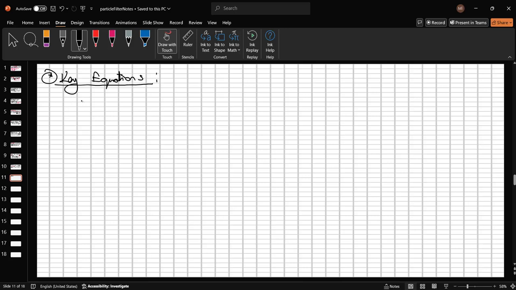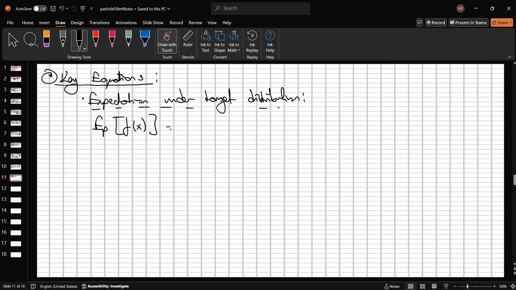Just like this one. For example, in the first place, expectation under target distribution. For example, E_p[f(x)], where f(x) is any function in here, and so the integration of f(x) times p(x) dx can be given just like this.